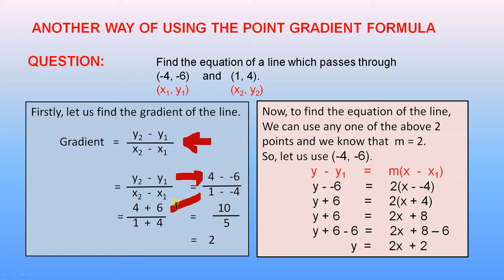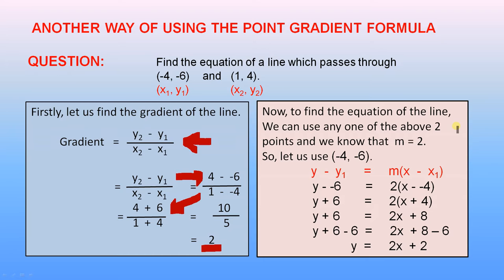Now 4 minus minus 6 is 4 plus 6, because those two minuses change to a plus, and 1 minus minus 4 is 1 plus 4. Those two minuses change to a plus. So 4 plus 6 gives you 10. 1 plus 4 gives you 5. 10 over 5 gives you 2. So that is the gradient. So we'll be using that shortly.